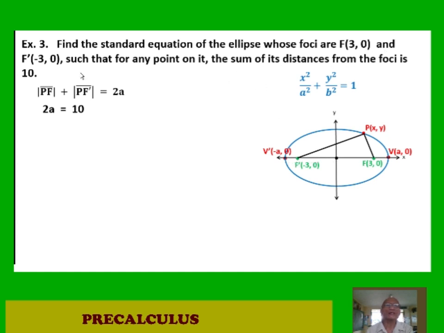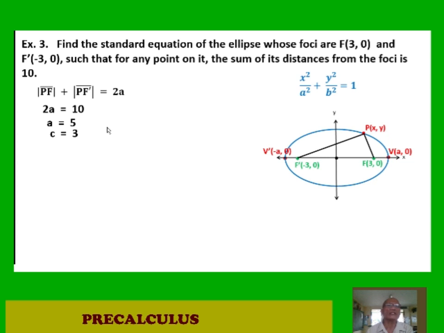According to the problem, for any point, the sum of its distances, meaning PF and PF prime, is 10. That sum is always equal to 2A. So 2A equals 10 according to the problem. Solving for A, A equals 5. And of course, C is 3, from the origin to this point.